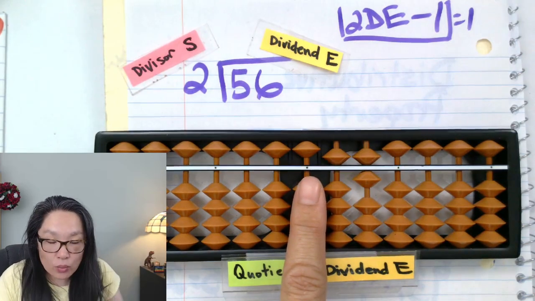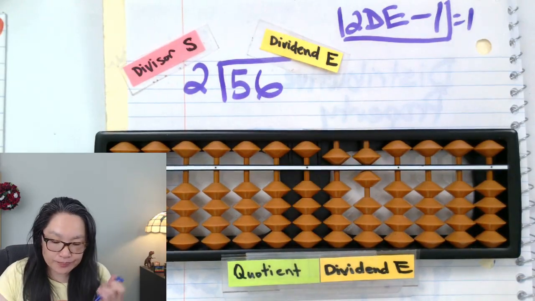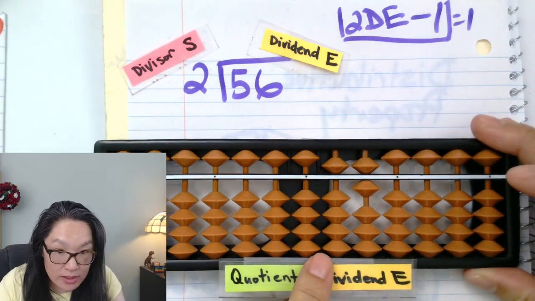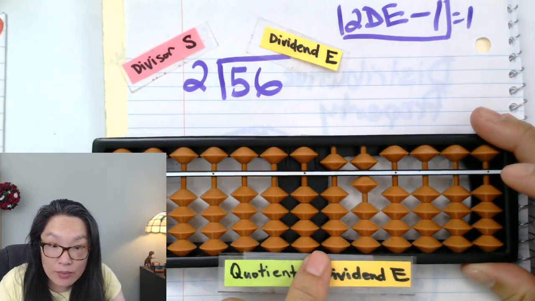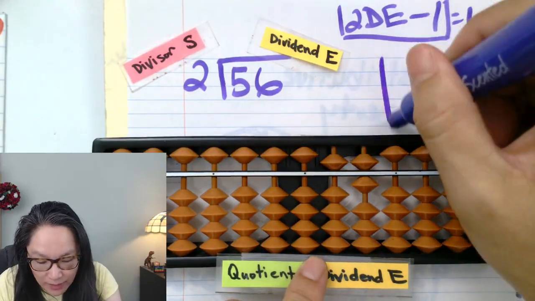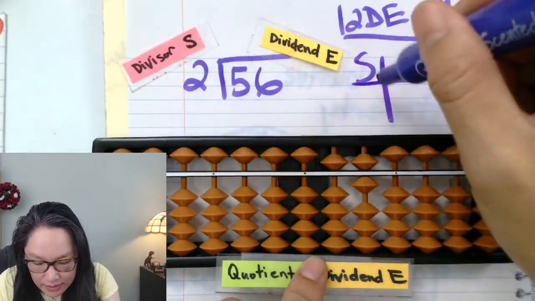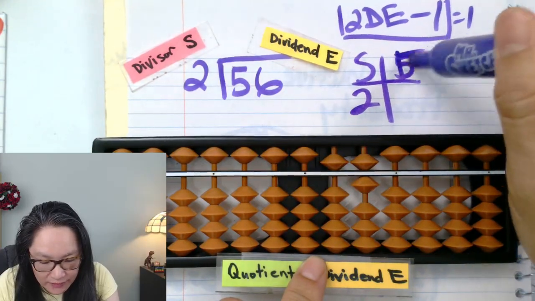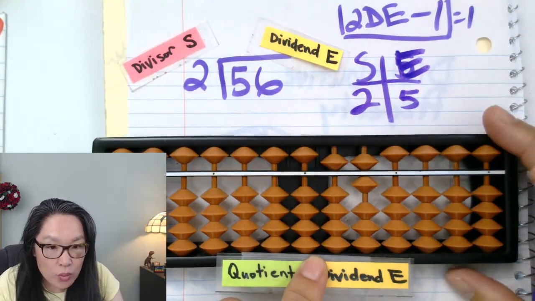I need to know who is bigger. We compare all the time, but we don't do it in division, and I don't know why. So my divisor is 2 and my dividend is 5. Which one is bigger?